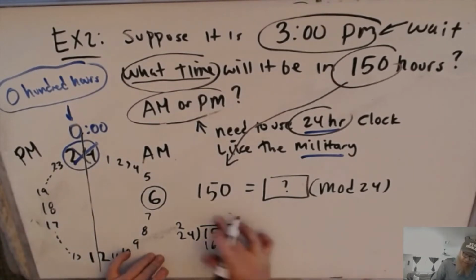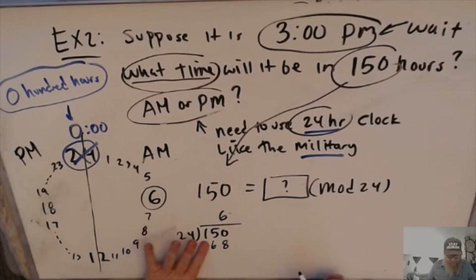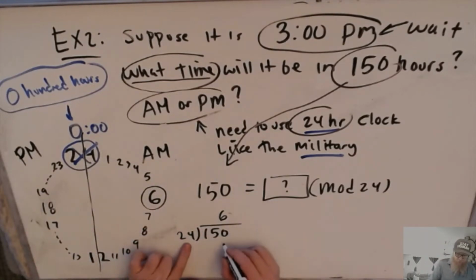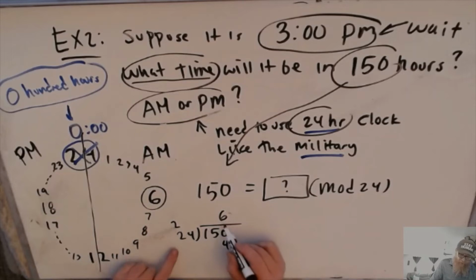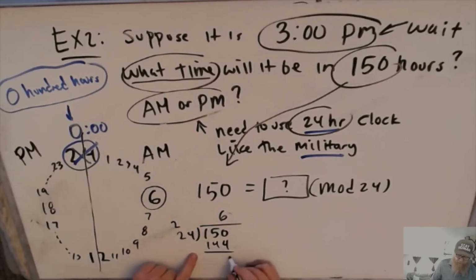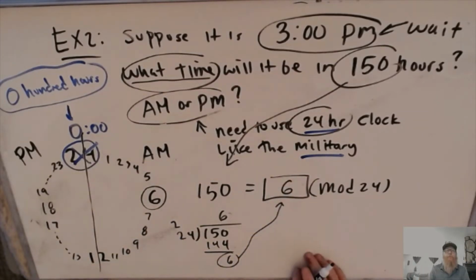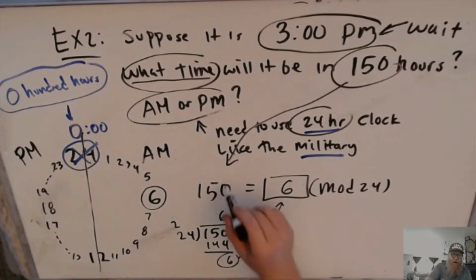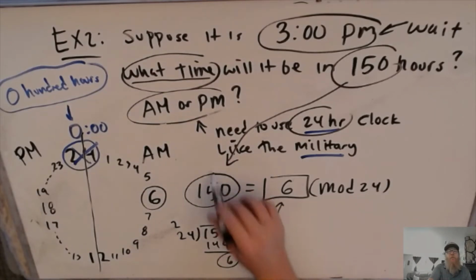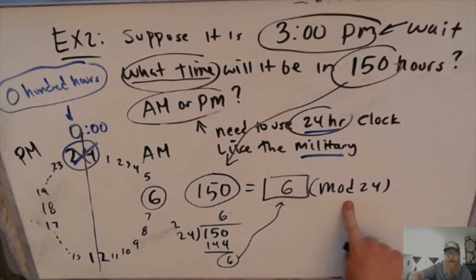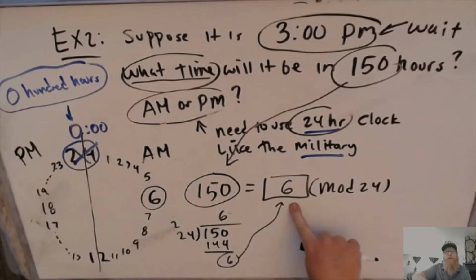So guess again, 6 times. 6 times 4 is 24, carry the 2. 6 times 2 is 12, plus 2 is 14. Just right. Remainder 6. You always want to put the remainder up here. So 150 hours, mod 24, acts like 6 hours.